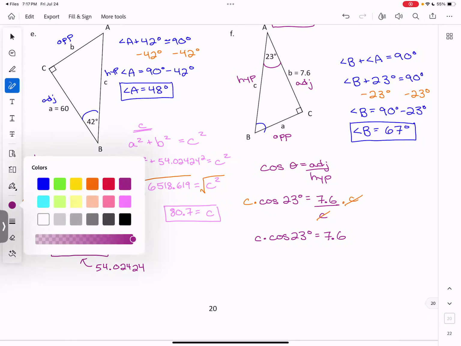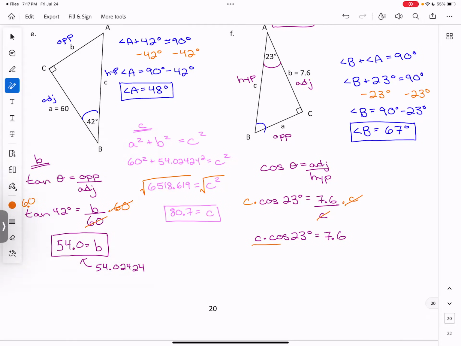And now to isolate the c on its own, we're going to divide both sides by cos 23. Okay, now that leaves us with something we can calculate. So 7.6 divided by cos 23, and this should be out to one decimal place. I get 8.3.